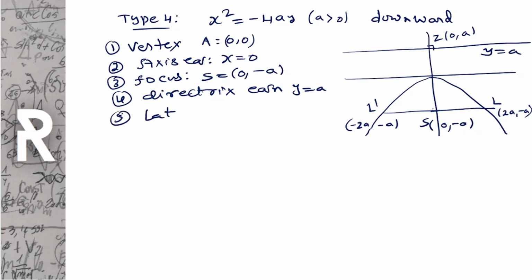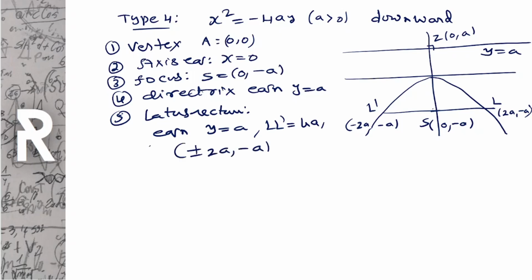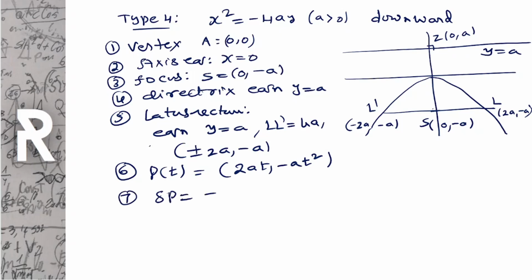Latus rectum equation is y equal to minus a. Length LL dash 4a, no change. Ends of latus rectum (plus or minus 2a, minus a). Parametric point (2at, minus at square). Focal distance here also SP, P(x1, y1) any point on it.